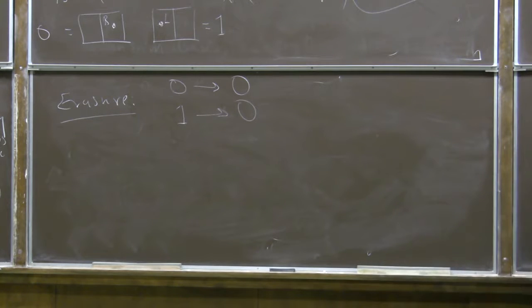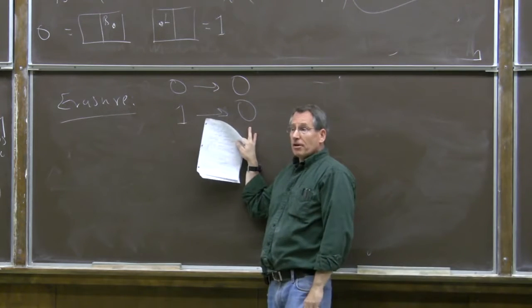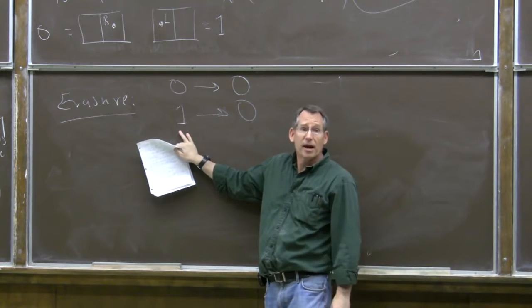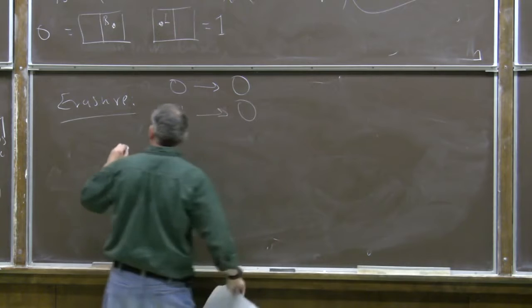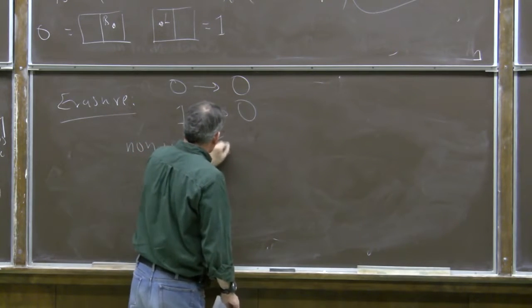Okay. So when I say it's irreversible, I mean this is not an invertible map. If you know the output of the erasure, namely 0, you don't know whether it was initially a 0 or a 1. They both got mapped to the same value. So it's a non-invertible map.